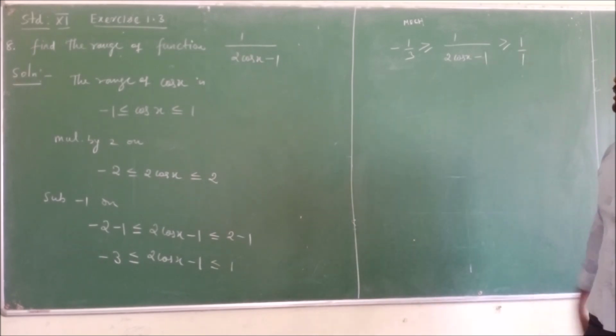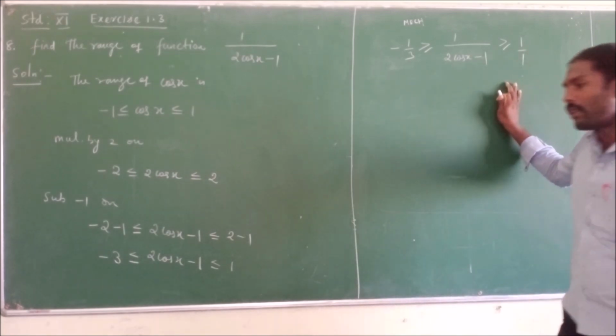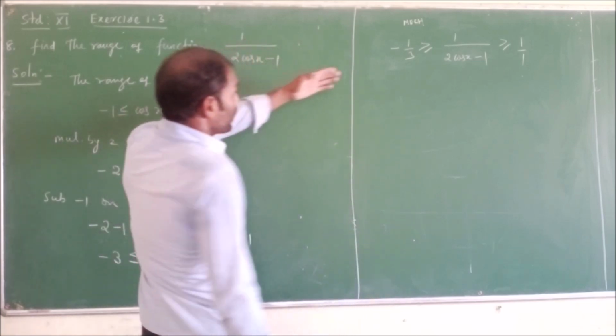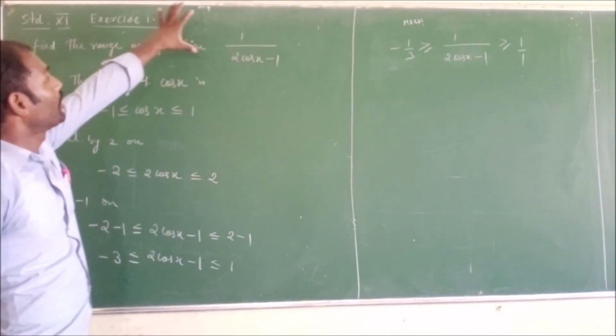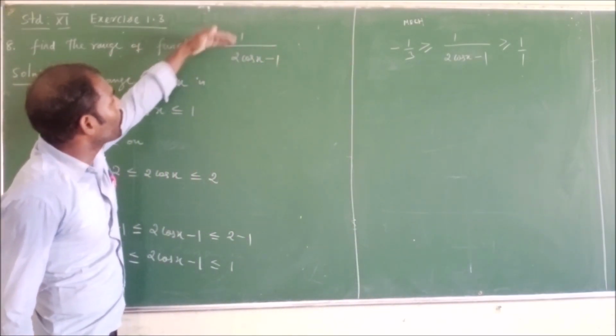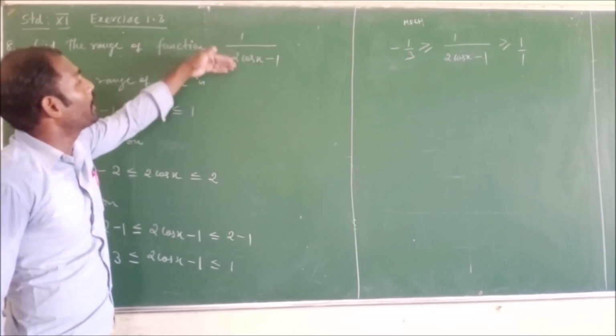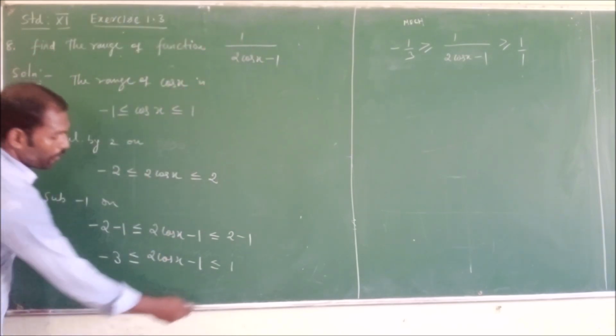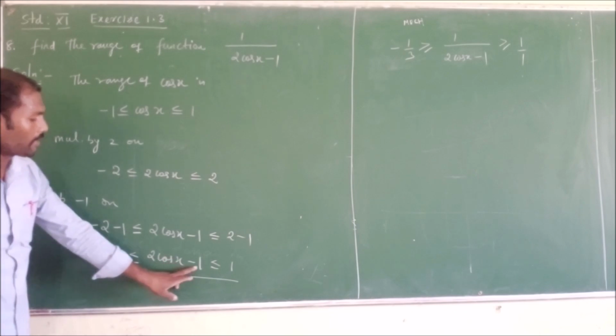It is clear why you have to take the reciprocal, because the given f of x is 1 by 2 cos x minus 1. So we have to find only 2 cos x minus 1.